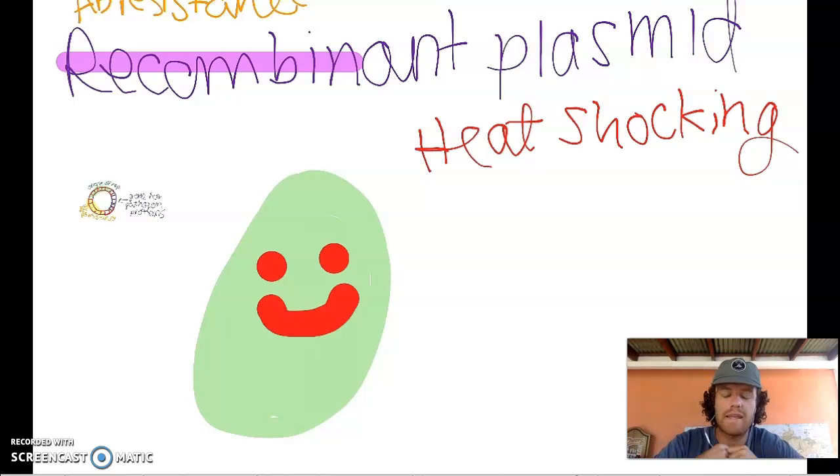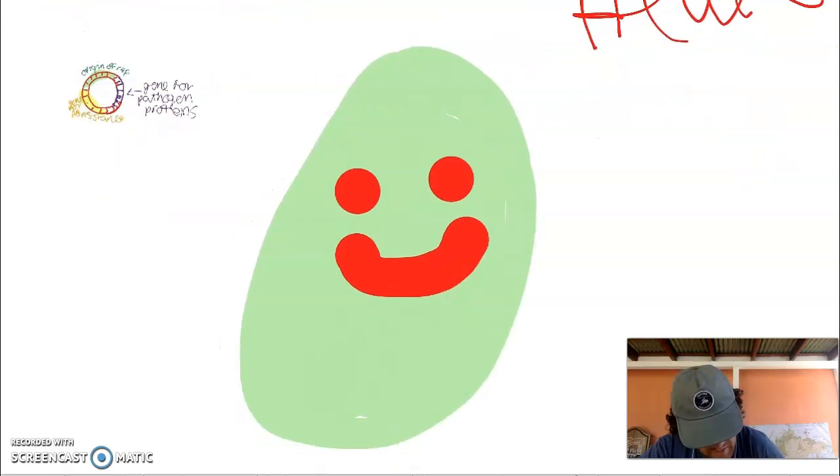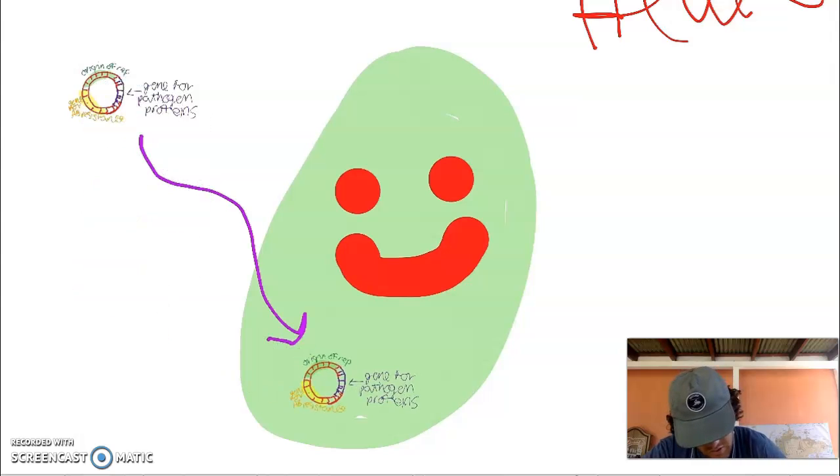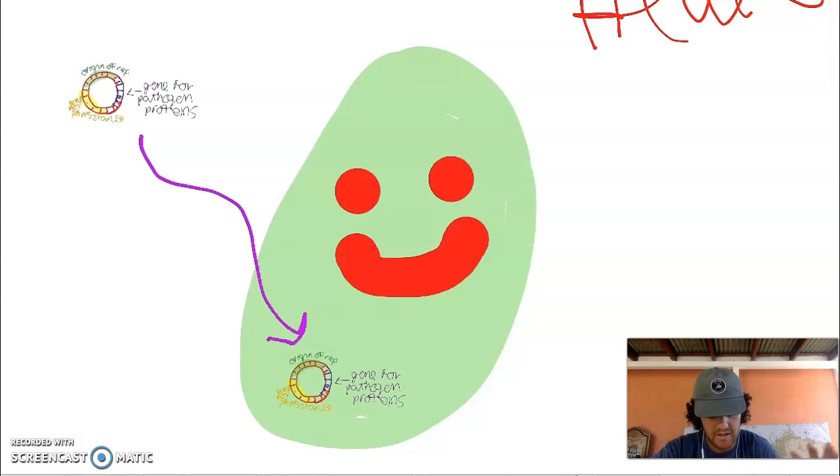So what we do is we heat up the bacteria cells really quick, and while we heat them up, this plasmid should be able to enter into the bacteria cell. So let me go ahead and really quickly make another copy and show that this plasmid is now inside of the bacteria cell. Yay!